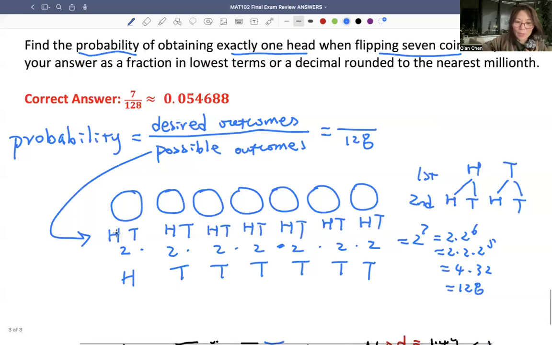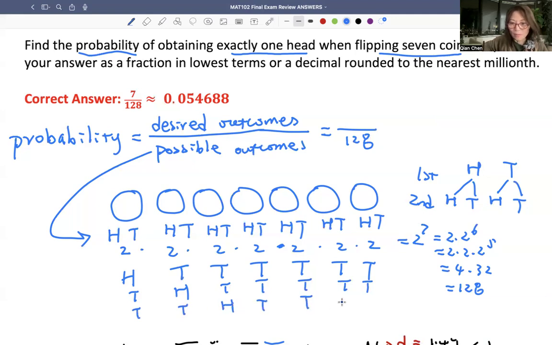Or we could have the second one be head, and all others are tail. Or we could have the third one be head, the others are tail. So you will keep listing this.